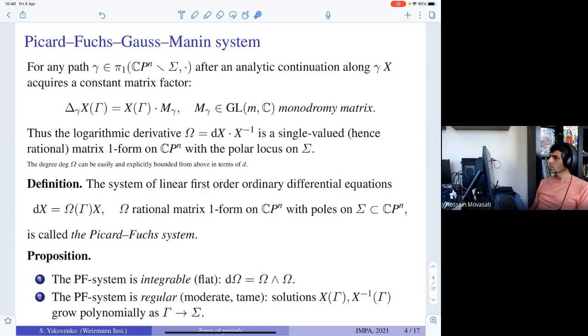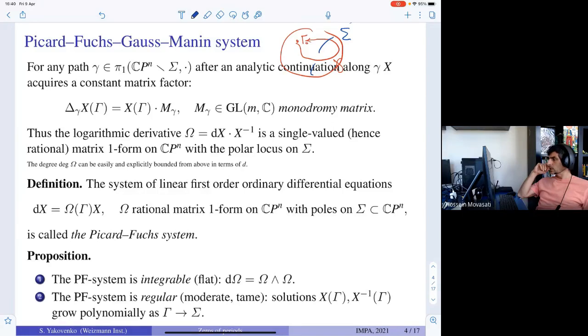To write this system, we note that for any path, we take a projective space, a path gamma 0, and then we continue the period matrix around some path gamma in such a way that it avoids a bad divisor sigma, a bad polar locus.